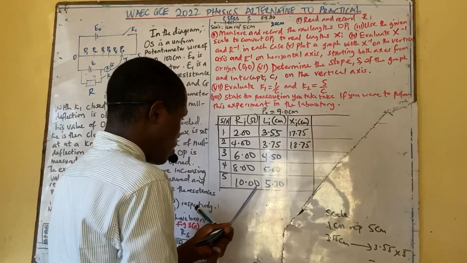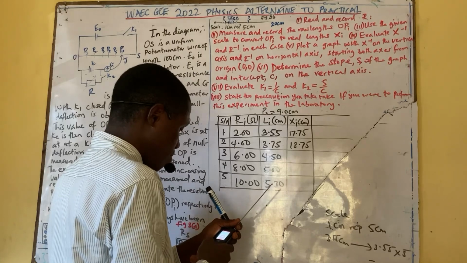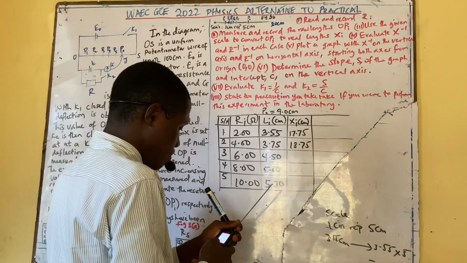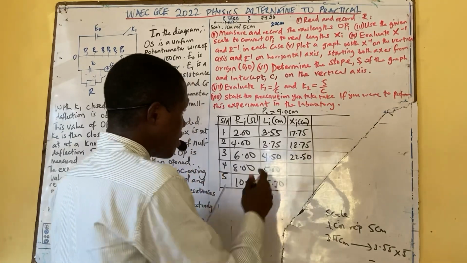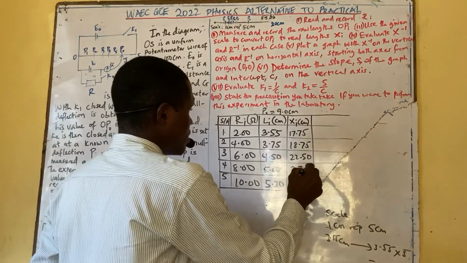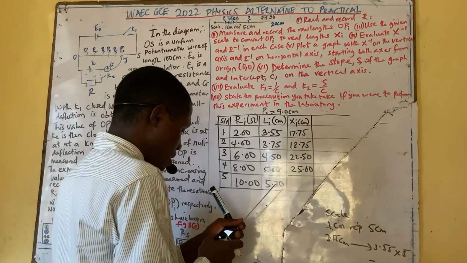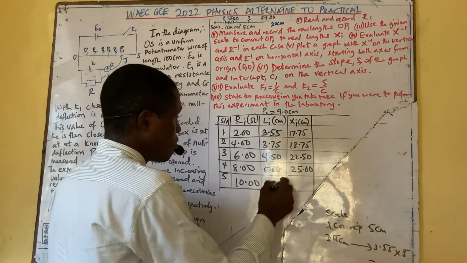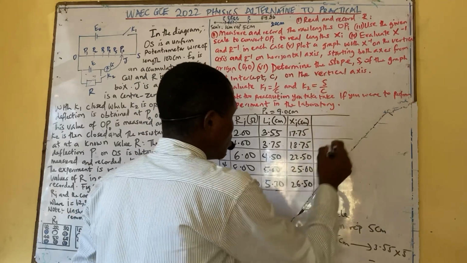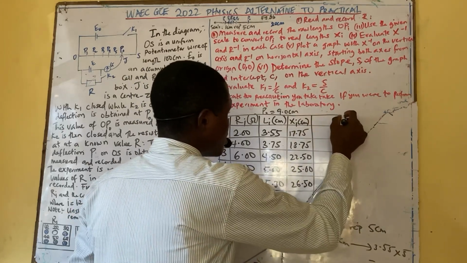I hope you are following. 4.5 times 5 is 22.50. Then 5 times 5 is 25.0. 5.30 times 5 gives us 26.50. With that, we have successfully calculated this aspect.